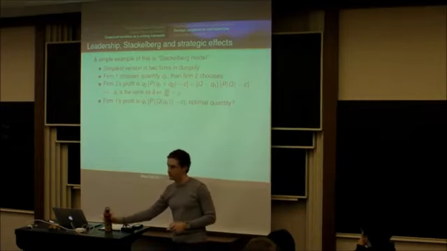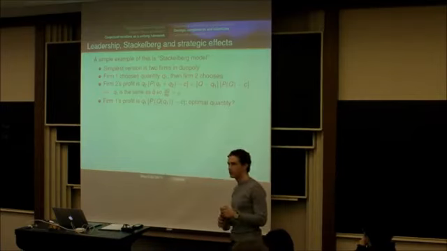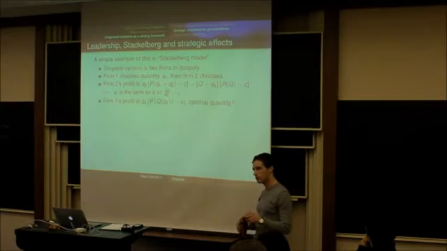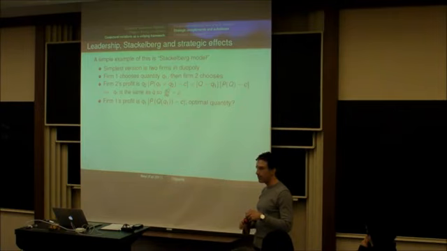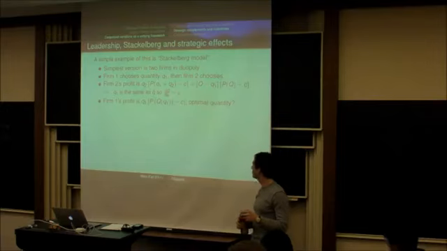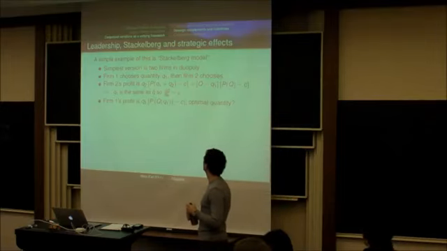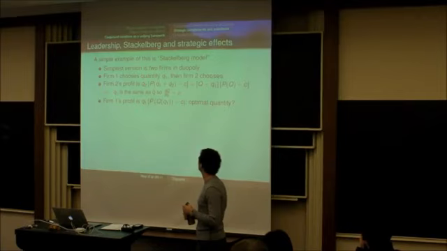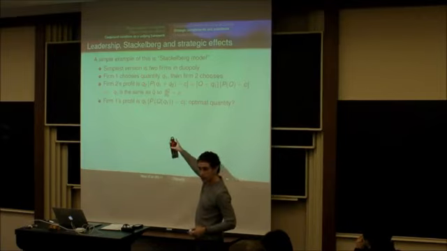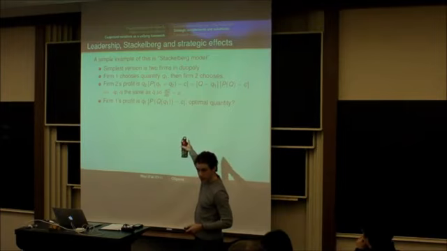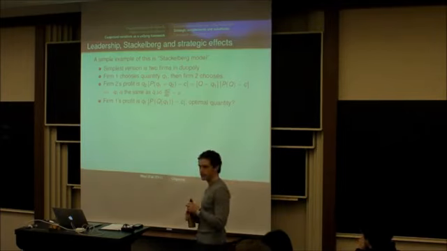You can come do it on the board if you want to. Next I take the derivative. So P times the pass-through, plus P prime times quantity. Q1 times P prime times the pass-through rate, right?